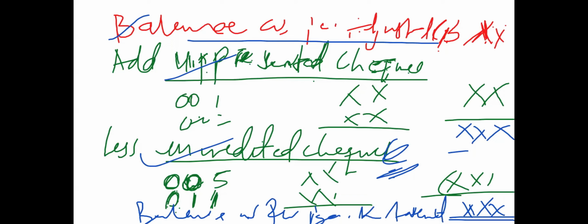We adjusted it with the things that were not reflecting in the cash book, meaning these uncredited checks are still within this balance as per the adjusted cash book. That's the meaning. And the reason why we are taking them out is because we want to see that balance reflecting the balance that is in our bank account.